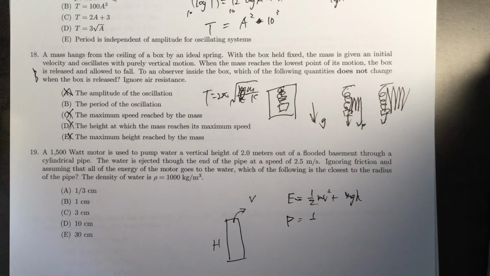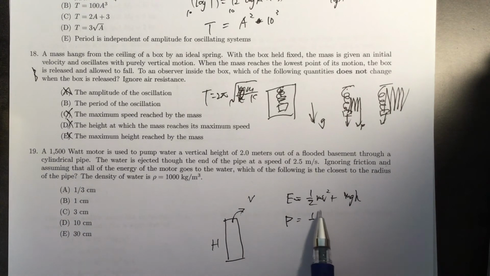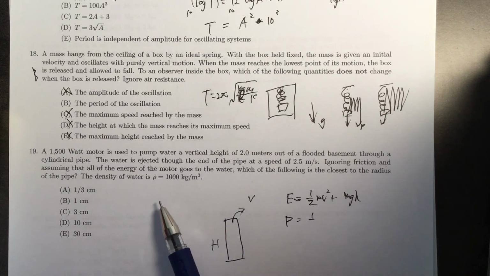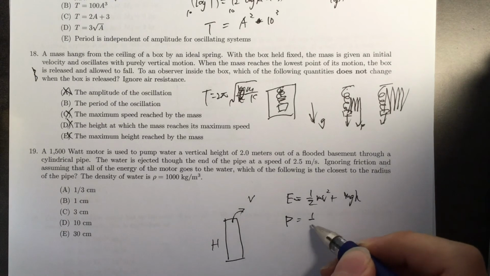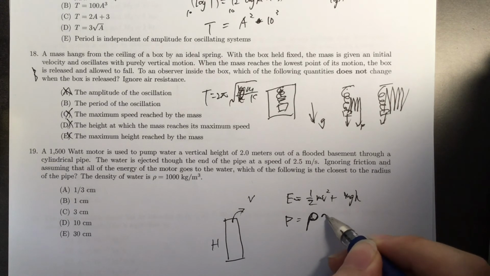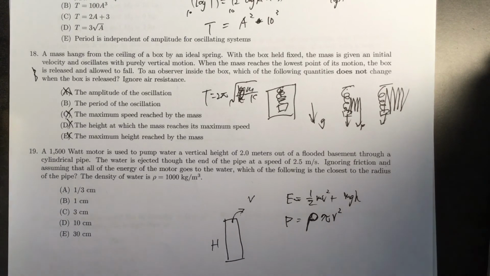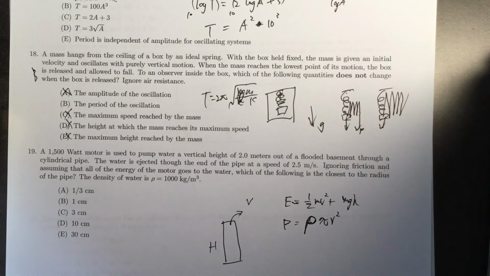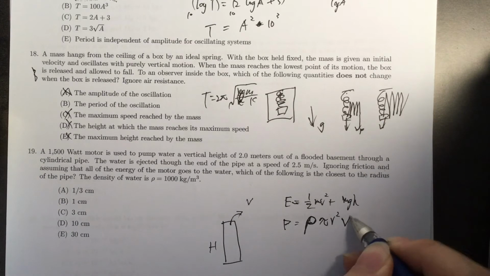So what is it going to be? Now we don't need the mass anymore. We will consider rho, the density of the water passing through a surface, the cross-section area of the pipe, which is pi r squared, times v.